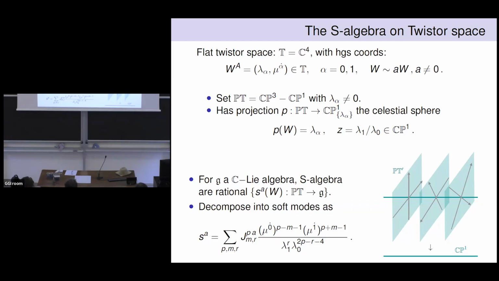If you introduce these two coordinates mu naught and mu one in this way, then the S algebra is just the algebra of functions with values in the Lie algebra here, and that's precisely all it is. If you wanted to realize it geometrically, this is how you would do it. In doing so, you've taken the Riemann sphere, by which I mean the celestial sphere, and you've added two extra coordinates. And that is what the S algebra is, just as an algebra.